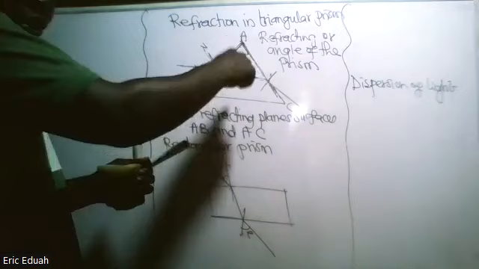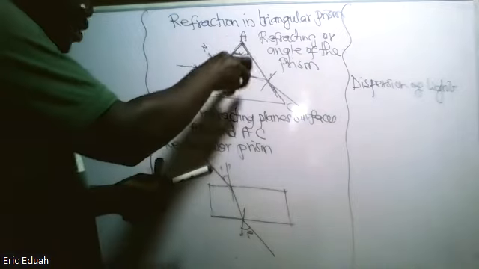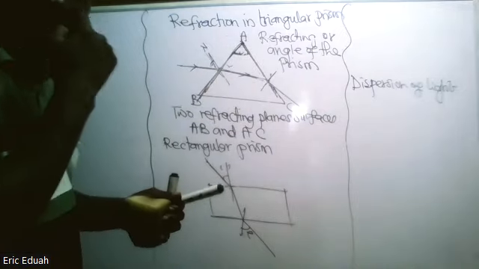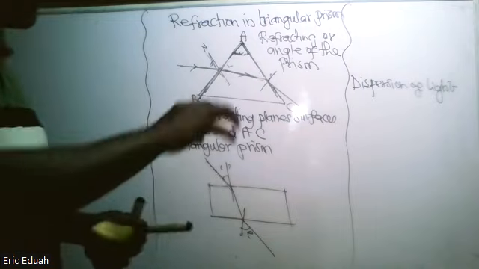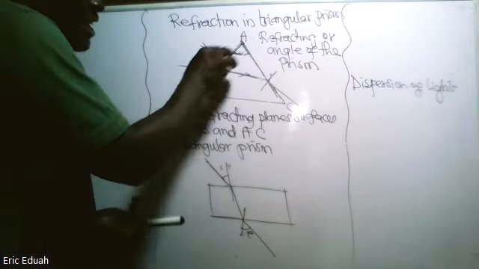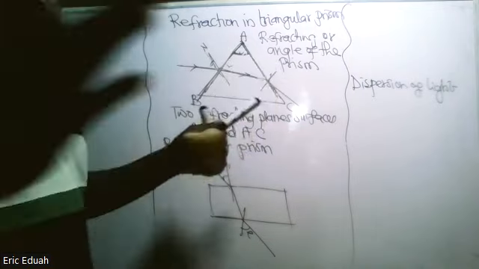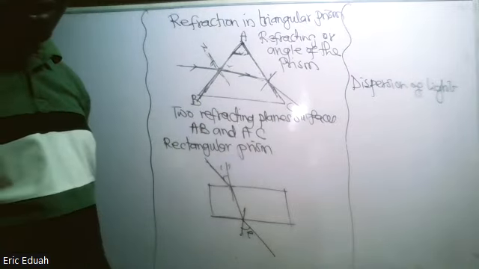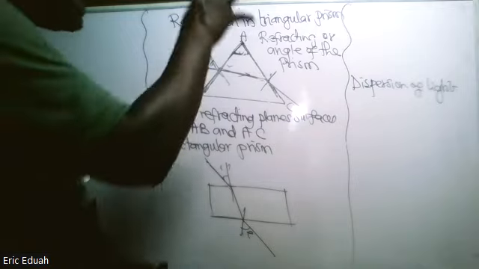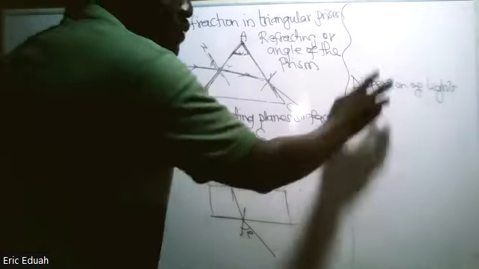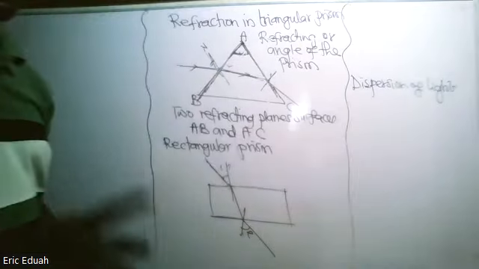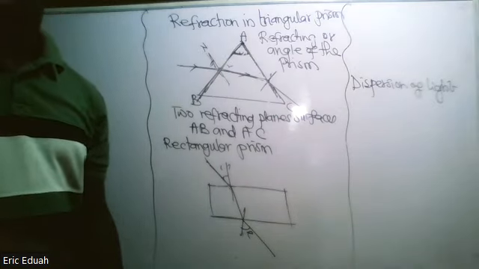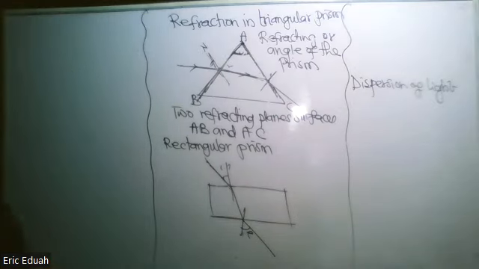When we go into details, you will understand what I mean. But deviation of light occurs here, deviation of light occurs here, and it is added up to give a wider deviation. It is for this reason that the triangular prism is used for dispersion of light, and that is separation of white light into various components. Are you okay? Yes, please.